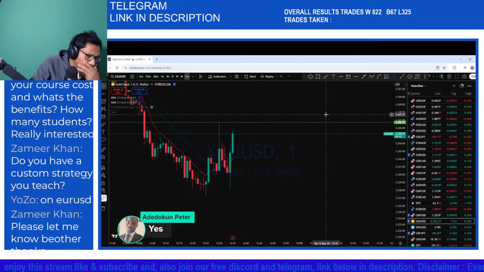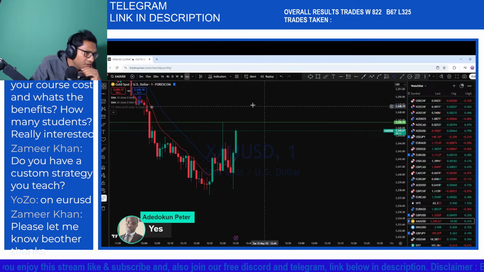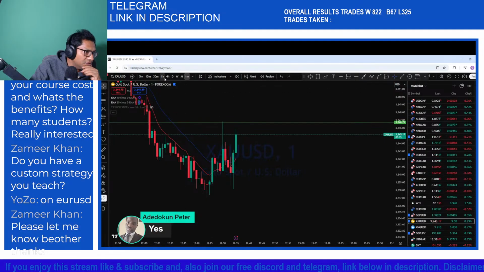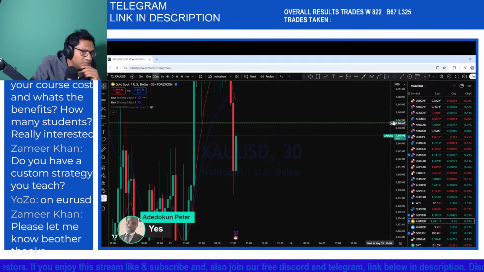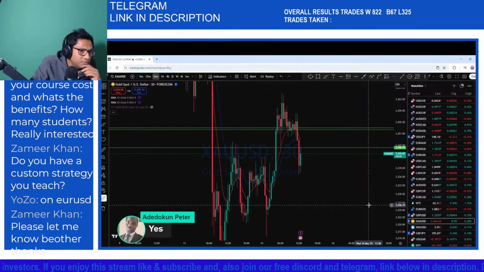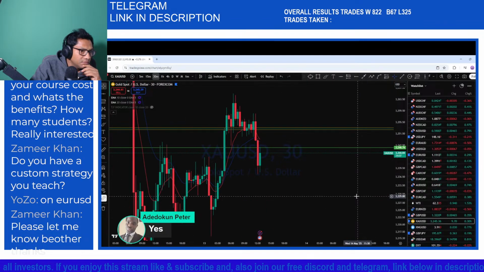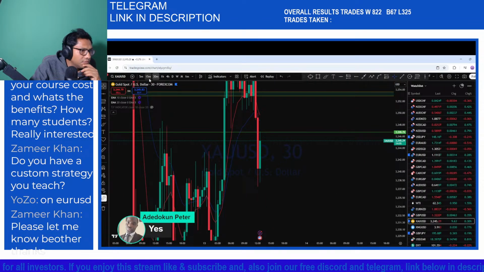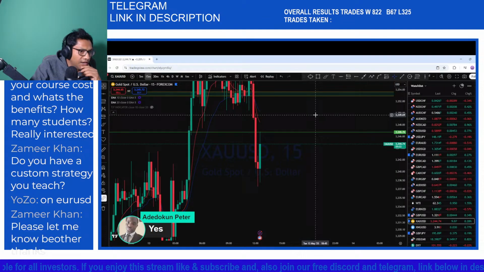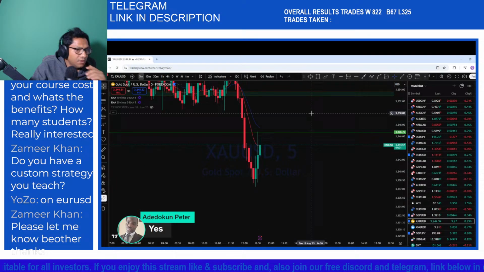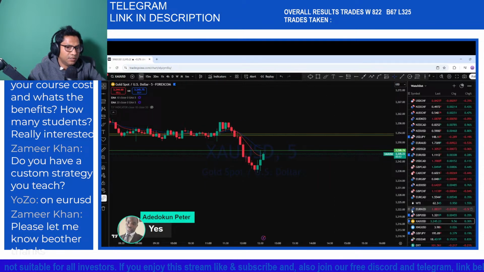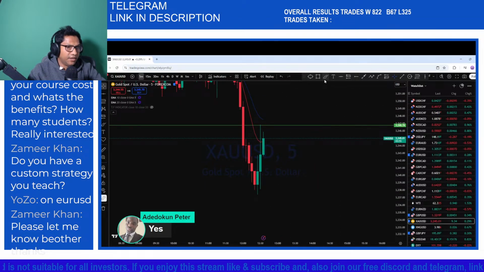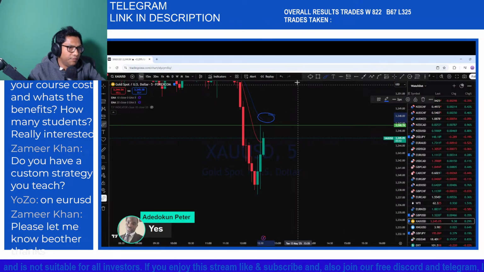Now with that liquidity gap, looking at the 1 hour, for an entry, we'll be looking to see the market potentially heading back here to the 20 EMA.